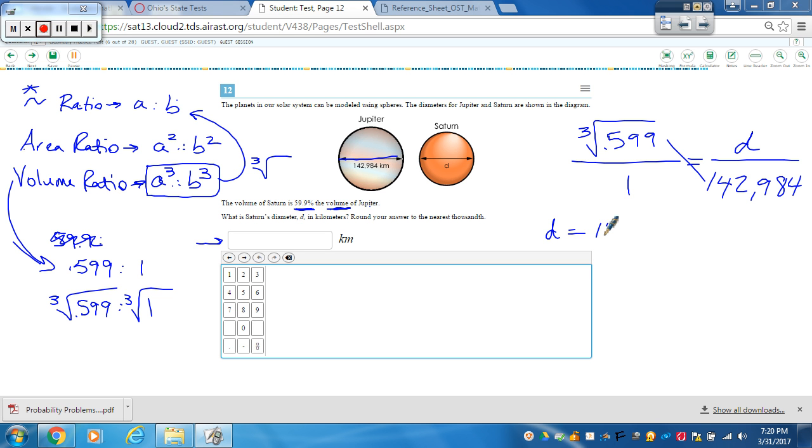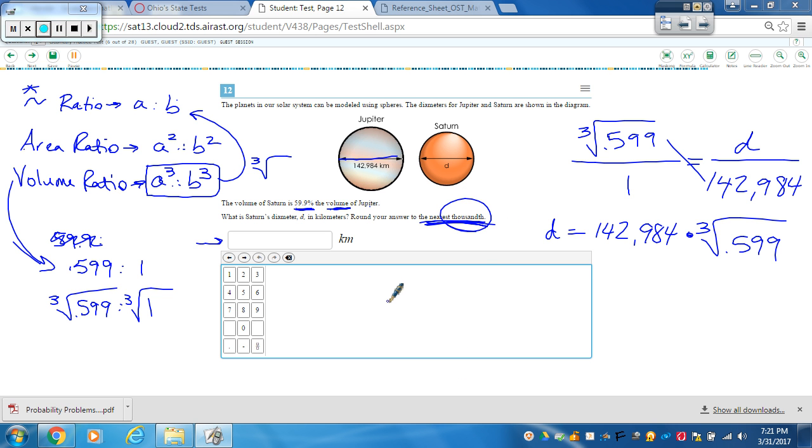And so it would be 142,984 times the cube root of 0.599. Okay? Now, this is also important: nearest thousandths. Don't miss a problem because of a technicality right here.